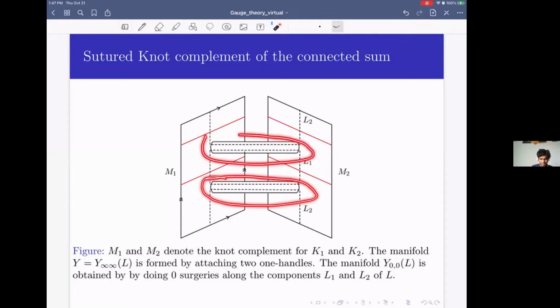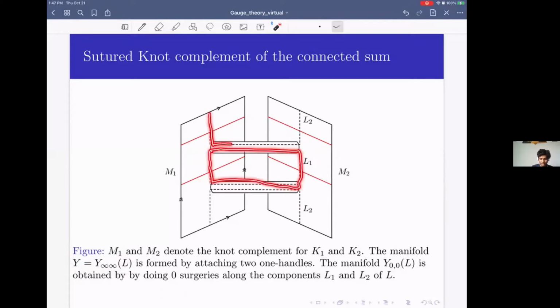So this is a different manifold than the disjoint union. This new manifold is what I call Y. In this manifold, to identify these two meridional annuli, all we need to do is attach a contact 2-handle along this knot L1 and also a contact 2-handle along this knot L2.